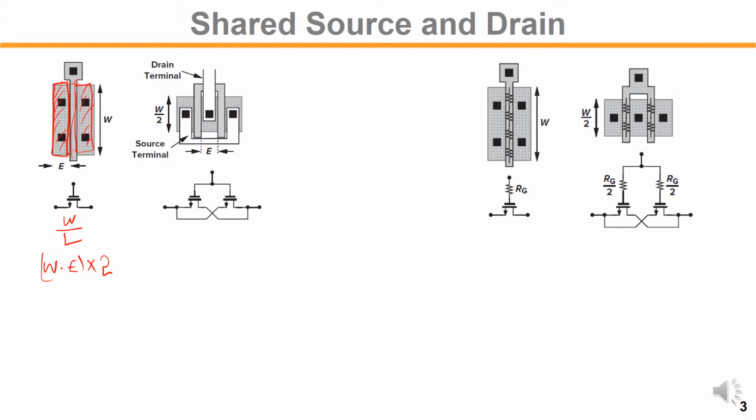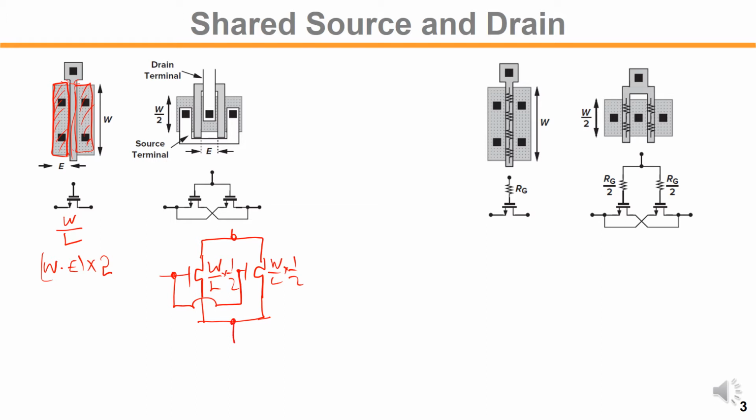is quite large. Let's say if you fold the device into 2, so we draw this in parallel, so W over L times half, W over L times half. So we draw the half of the size, connect the source and drain, and tie the gate like this.